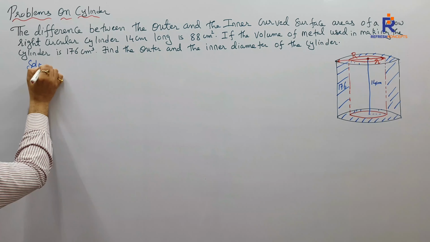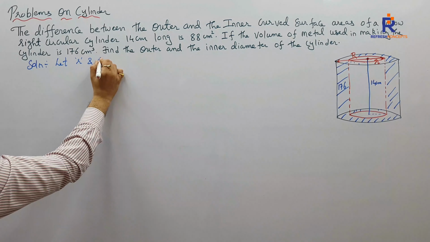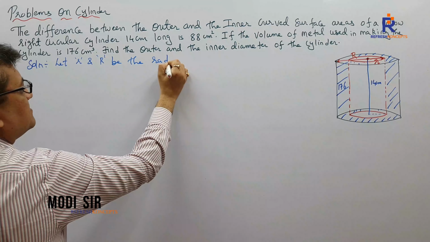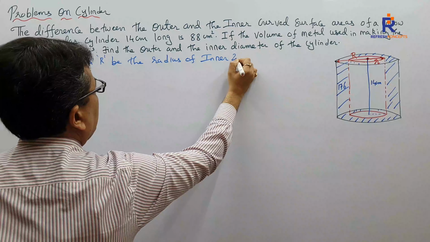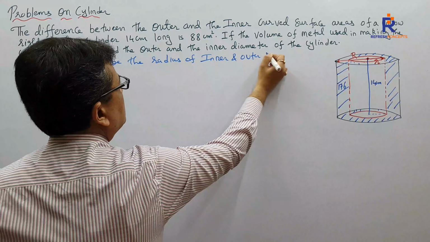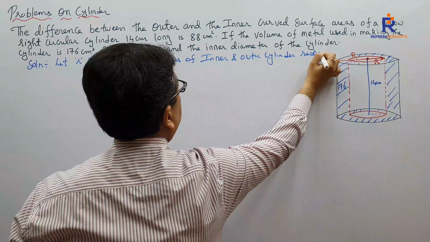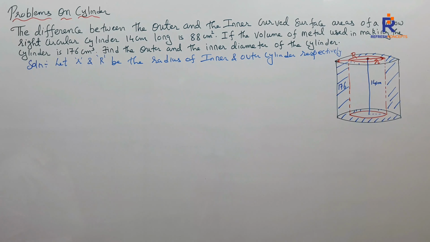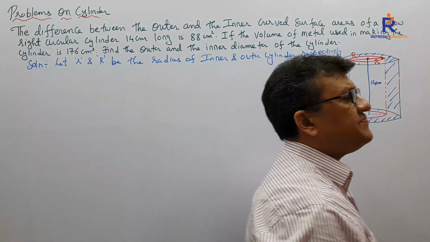So let small r and capital R be the radius of the inner and outer cylinder respectively. This respectively says that small r is for the inner cylinder, capital R for the outer cylinder.